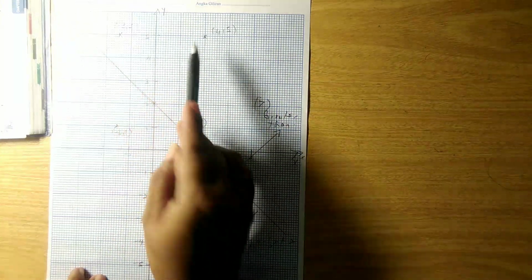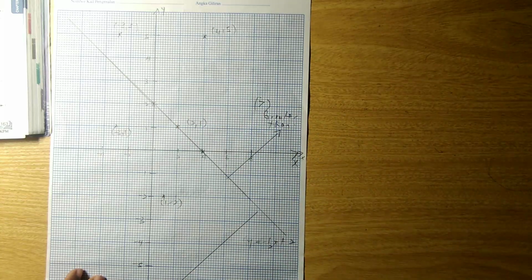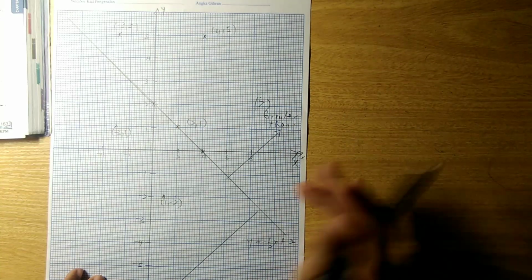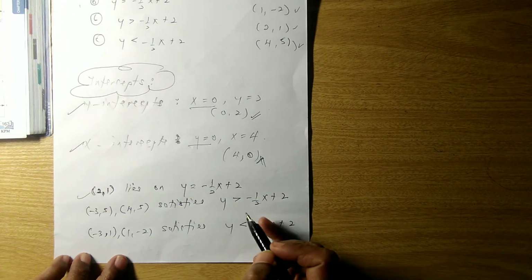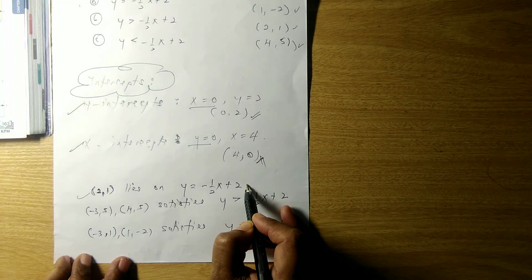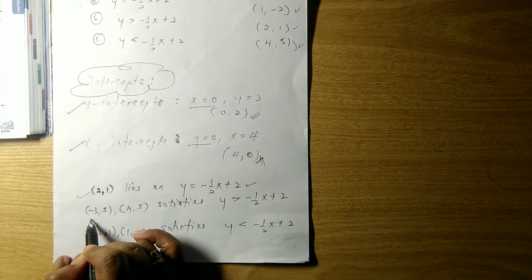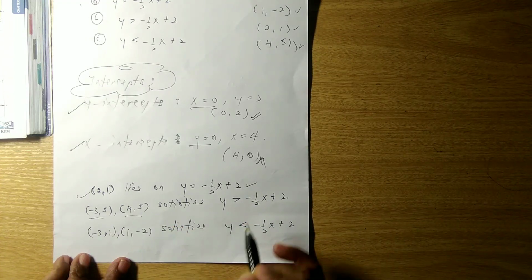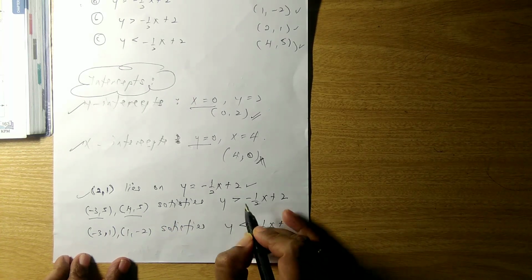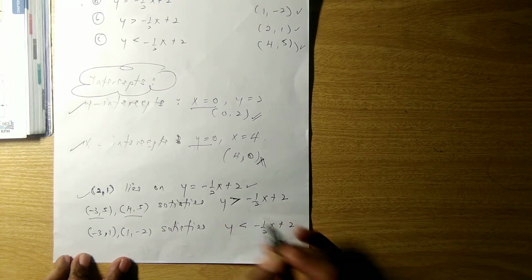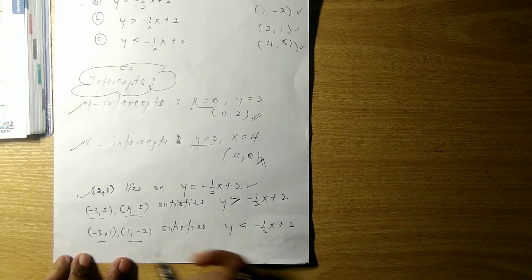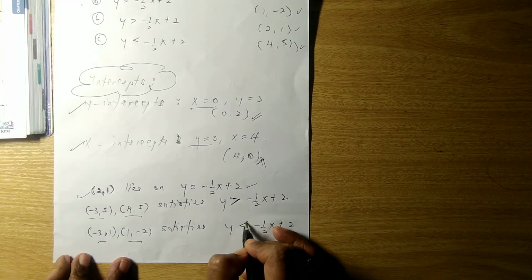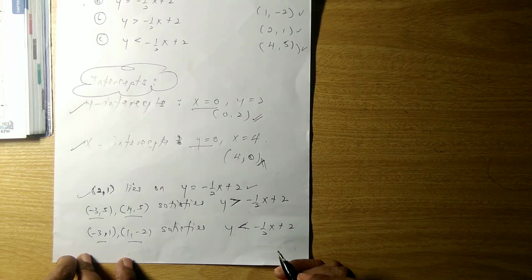So these two coordinates abide by the inequality greater than. To answer: 2, 1 lies on the equation y equals half x plus 2. Negative 3, 5 and 4, 5 satisfy the inequality greater than, and negative 3, 1 and 1, negative 2 satisfy the inequality less than.